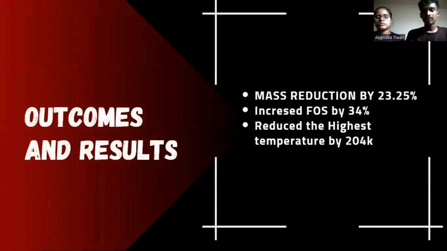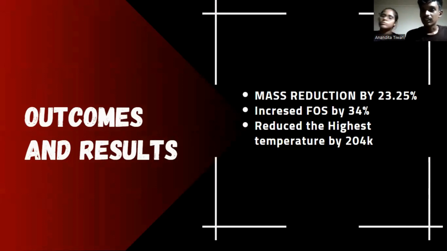So here come the outcomes and results of the project. The mass reduction was 23.25% after optimizing it in Fusion 360, that is redesigning it for our own manufacturing process, and we increased the FOS by 34%, that is increased to 3.92.